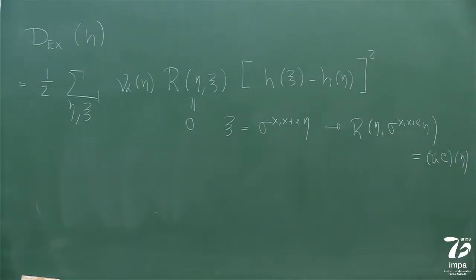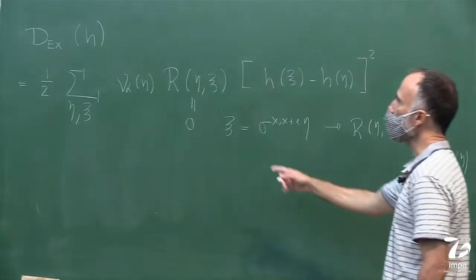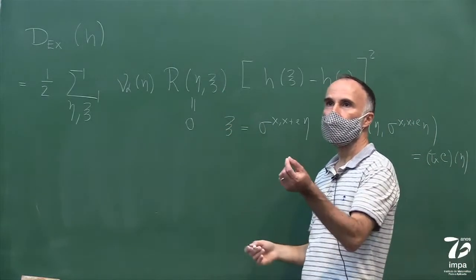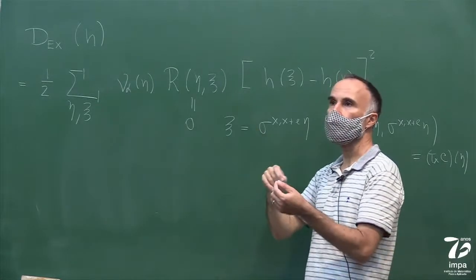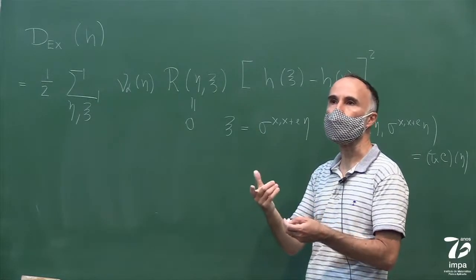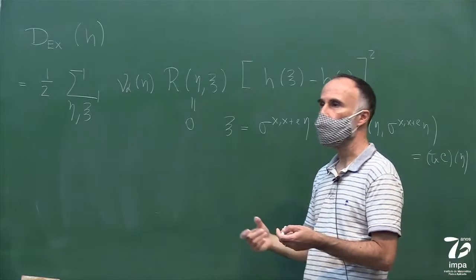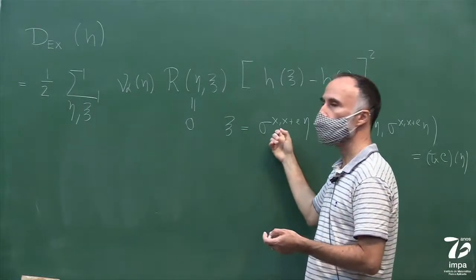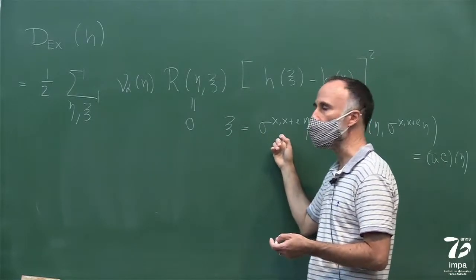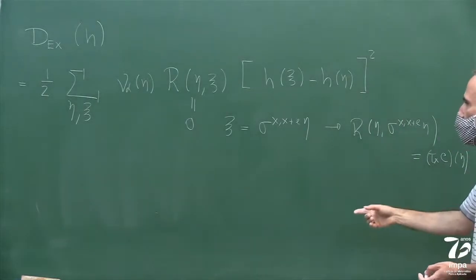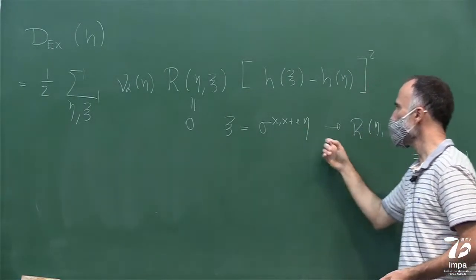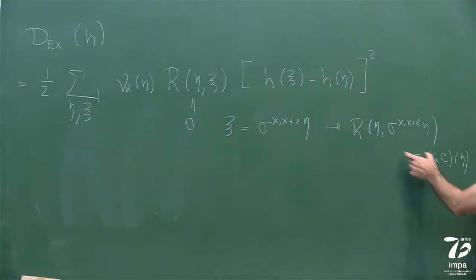Right? Do you agree? Okay, these rates are always 0 unless xi is a configuration in the neighborhood of eta. And the configurations in the neighborhood are those which can be written over there as this. And in that case, if xi is equal to this configuration, then the rate is given by that.